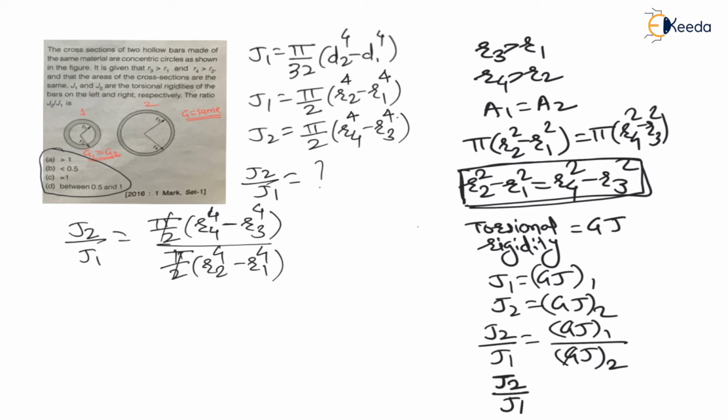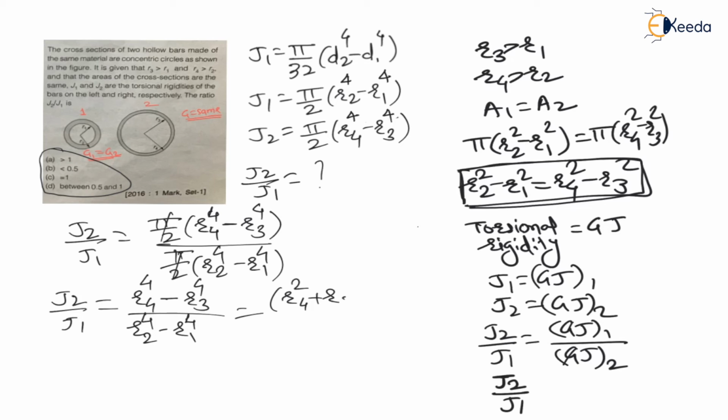Pi by 2 will get cancelled. Therefore, J2 divided by J1 is equal to (R4 power 4 minus R3 power 4) divided by (R2 power 4 minus R1 power 4). Now see, we can simplify like this: (R4 square plus R3 square) into (R4 square minus R3 square) divided by (R2 square plus R1 square) into (R2 square minus R1 square).